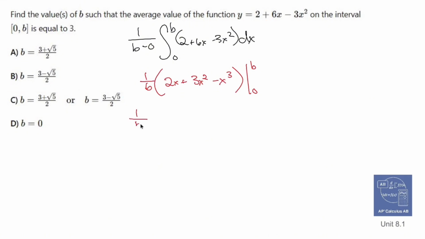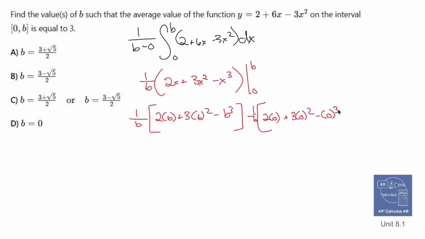We've got 1 over b times 2b plus 3b squared minus b cubed, minus 1 over b times 2 times 0 plus 3 times 0 squared minus 0 cubed. So that will all go away.